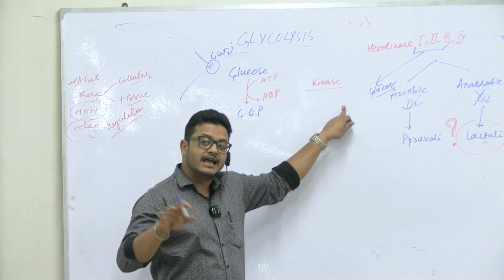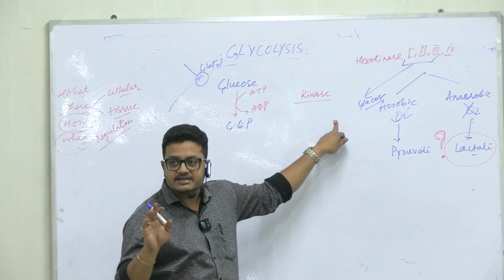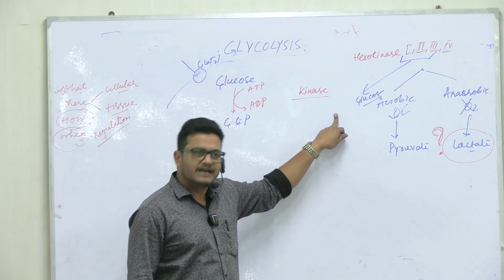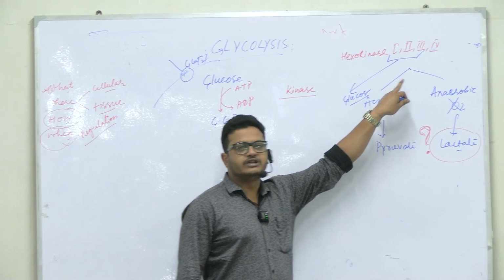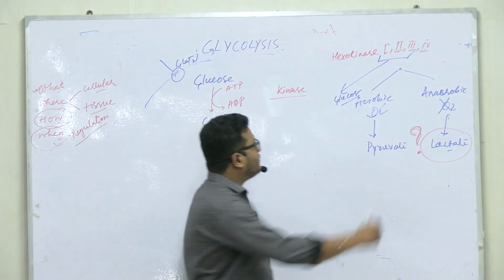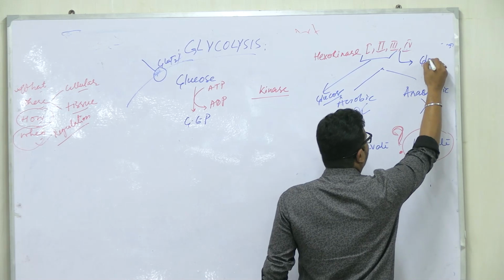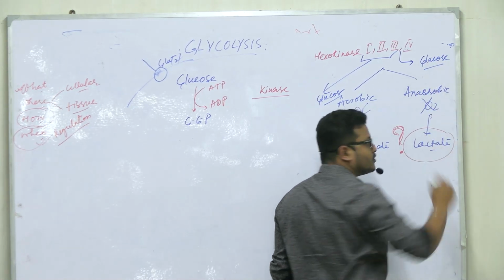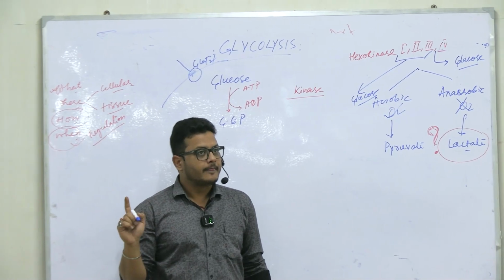They can add phosphate group to other hexoses except glucose also. Enzyme should be hexokinase 1, 2, 3. But hexokinase isoform 4 is responsible only for adding phosphate group to glucose. Only glucose. Yes or no? Okay?